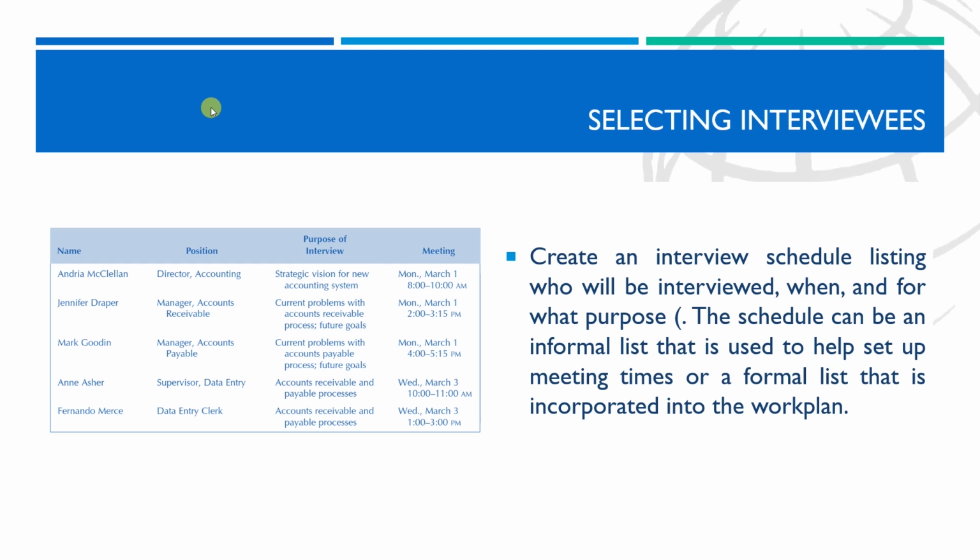The people who appear on the interview schedule are selected based on the analyst's information needs. The project sponsor, key business users, and other members of the project team can help the analyst determine who in the organization can best provide important information about the requirements. These people are listed on the interview schedule in the order in which they should be interviewed.